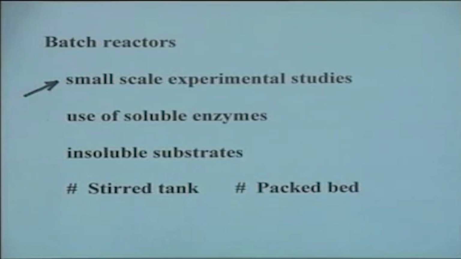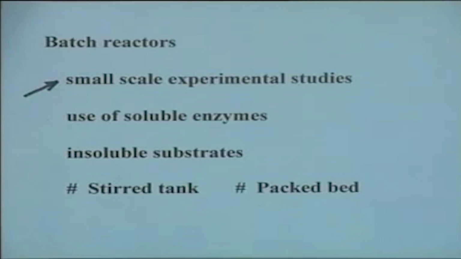Now, batch reactors also have an important feature for use with soluble enzymes, because most of the continuous enzyme systems are not very suitable. Of course, there are options where even soluble enzymes can be used in a continuous reactor, but for almost most practical applications, the use of soluble enzyme is usually with batch reactors. And the third feature in favor of the batch reactor is the use of insoluble substrates.